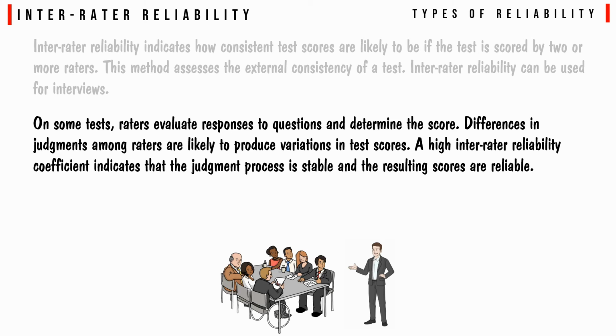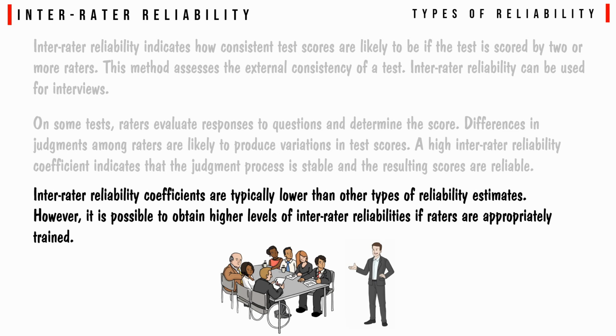A higher inter-rater reliability coefficient indicates that the judgment process is stable and the resulting scores are reliable. Inter-rater reliability coefficients are typically lower than other types of reliability estimates. However, it is possible to obtain higher levels of inter-rater reliability if raters are appropriately trained.